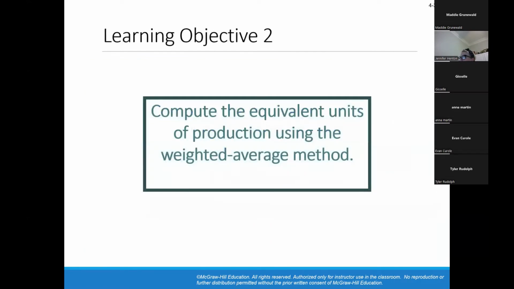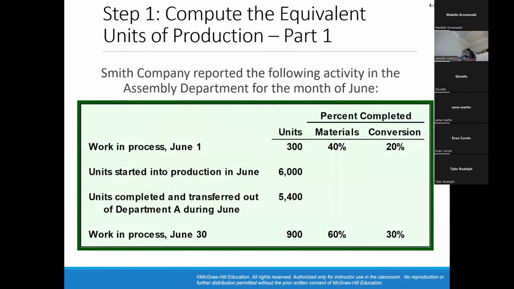All right, so now we're going to walk through an example where we compute the equivalent units using the weighted average method. We have Smith Company. They report the following activity in the assembly department. On June 1, we have a work in process of 300 units. It tells us that 40% of the materials is complete, and the conversion is 20% complete.